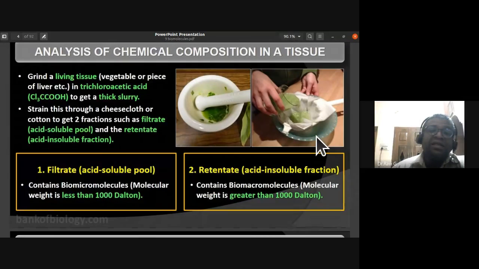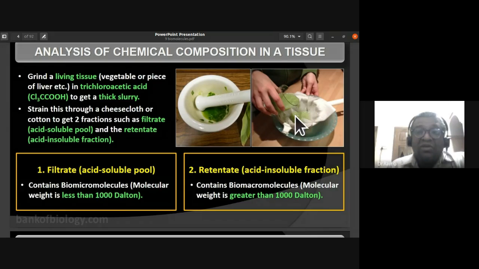So the filtrate, which is the acid soluble pool, contains the biomicromolecules. Their molecular weight is less than 1000 Daltons. There is one more biomicromolecule which is present in the retentate itself. Because they are acid insoluble, they are found in the retentate, but even they are biomicromolecules, that is the lipids, which have lesser than 800 Dalton molecular weight.